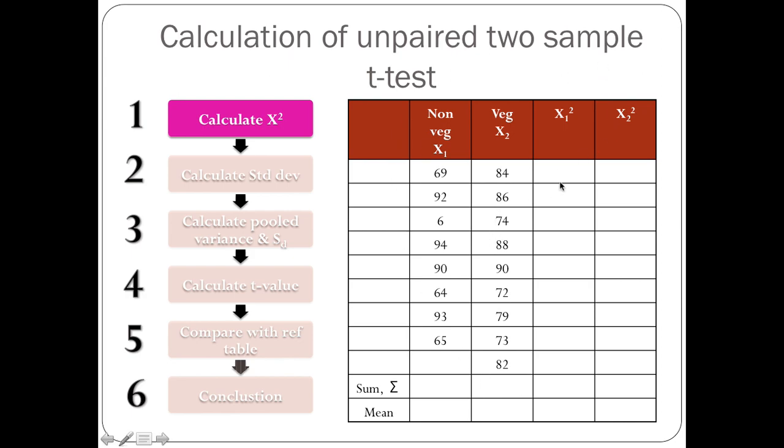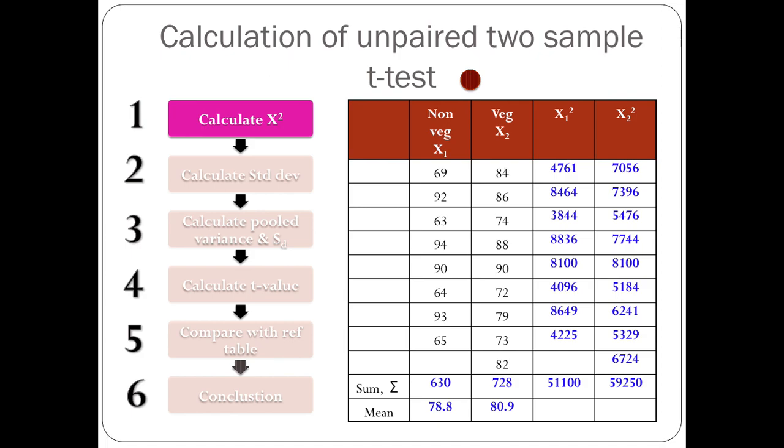So prepare the table and calculate the x1 square and the x2 square. The numbers are simple. 69 square, you get 4,761. Whereas for 84 square, you get 7,056.